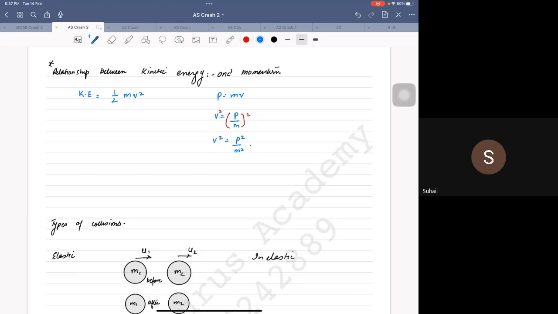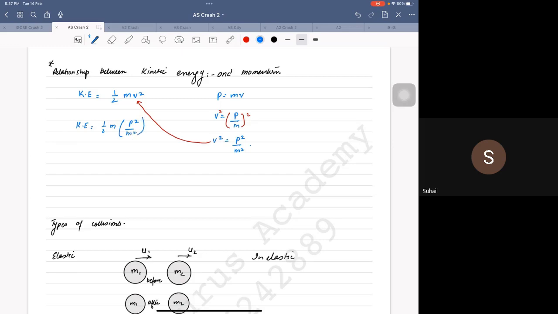Then we can replace this v into the kinetic energy equation. So kinetic energy equals half m, and instead of v squared, I write p squared over m squared.